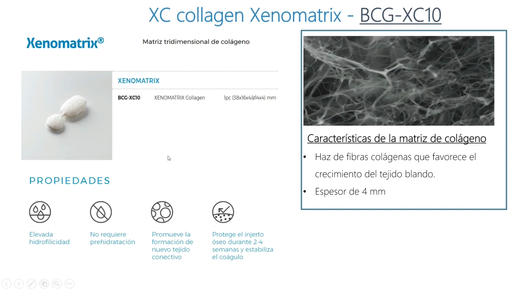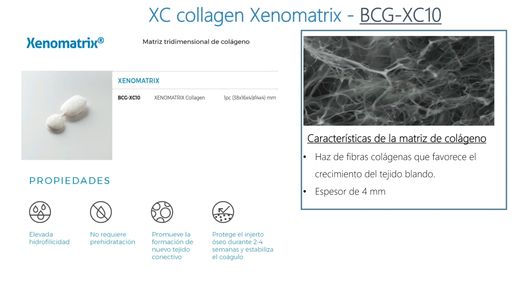So Xenomatrix BCG XC10 is given in this size, 38 by 16 by 4 to 14 millimeter in diameter, and it has basically the same properties, because it is also derived from the equine tendon as the BCG-XC50.